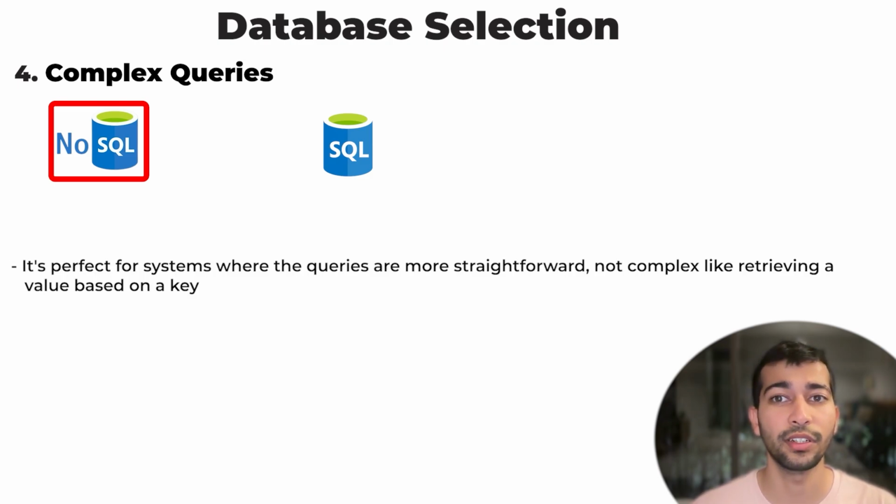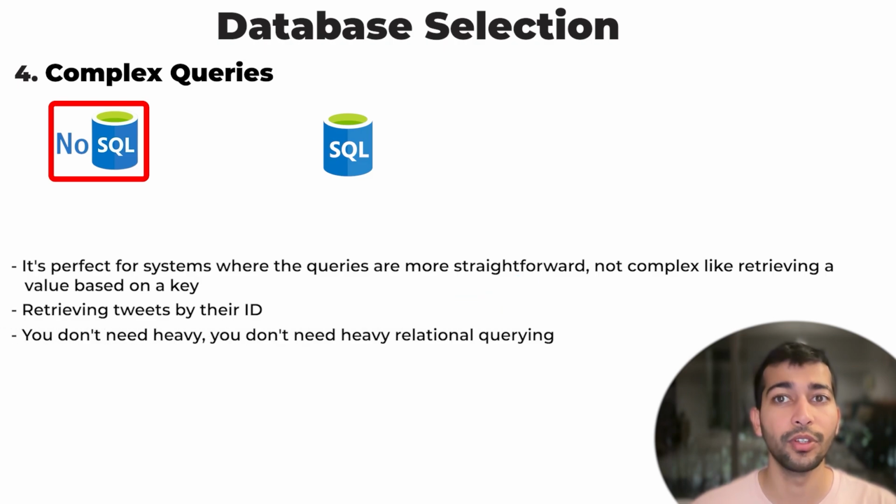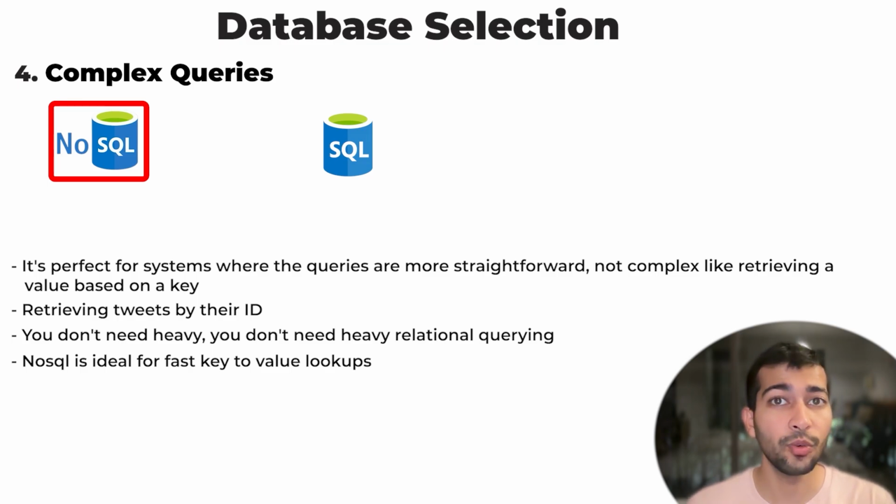It's perfect for systems where the queries are more straightforward, not complex, like retrieving a value based on a key. So intuition: for something like retrieving tweets by their ID, you don't need heavy relational querying. NoSQL is ideal for fast key to value lookups. We are looking based on a key for all of these databases.